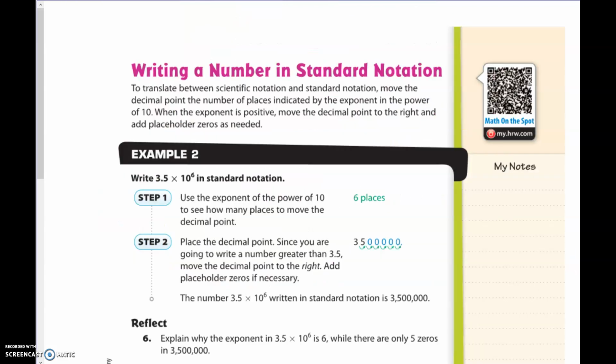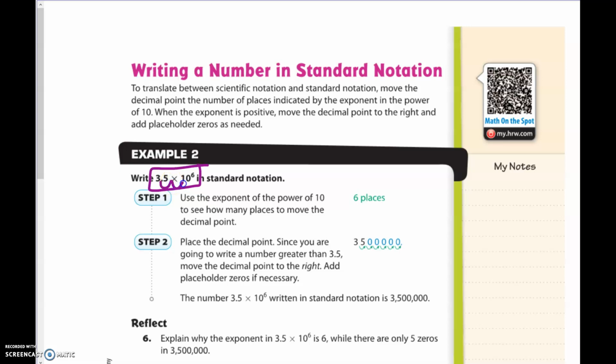All right, so now we have to go the other way. If something is in scientific notation, can you go ahead and put it back into standard form? So because that is a positive exponent, we're going to move that decimal to the right because we're going to get a bigger number. So we have to move the decimal one place beyond the 5, so that's 1.